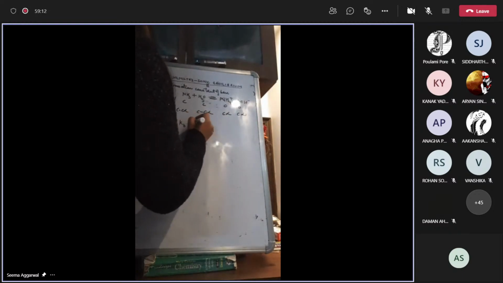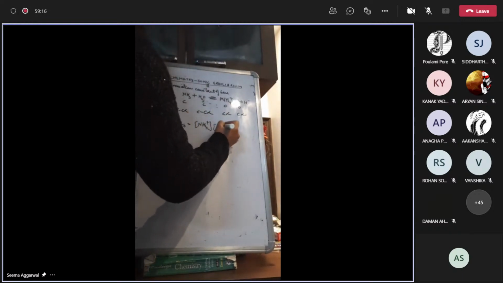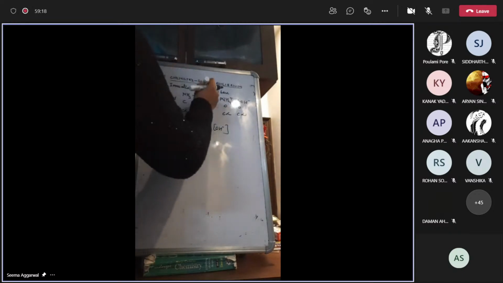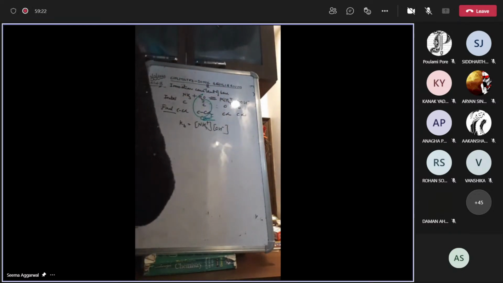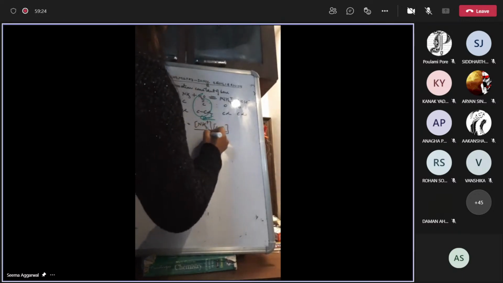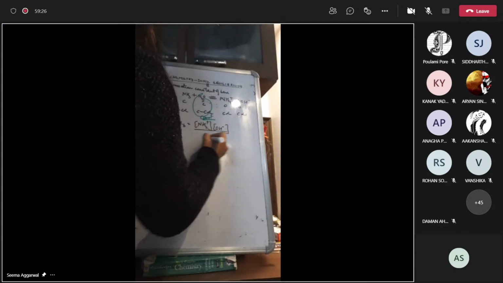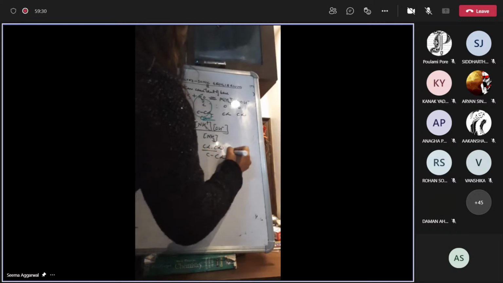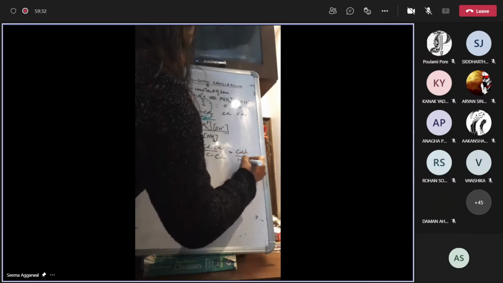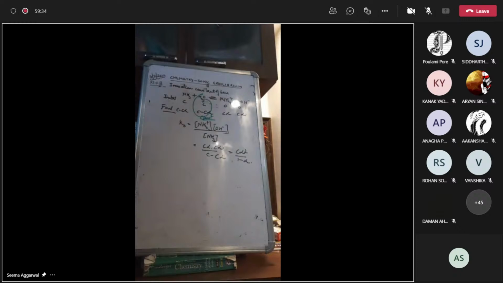So Kb is equal to concentration of products upon reactants. Water I will be taking as 1, as a constant, upon ammonia. So it will be C alpha into C alpha upon C minus C alpha. C gets cancelled: C alpha square upon 1 minus alpha. So this is how to find out the Kb.